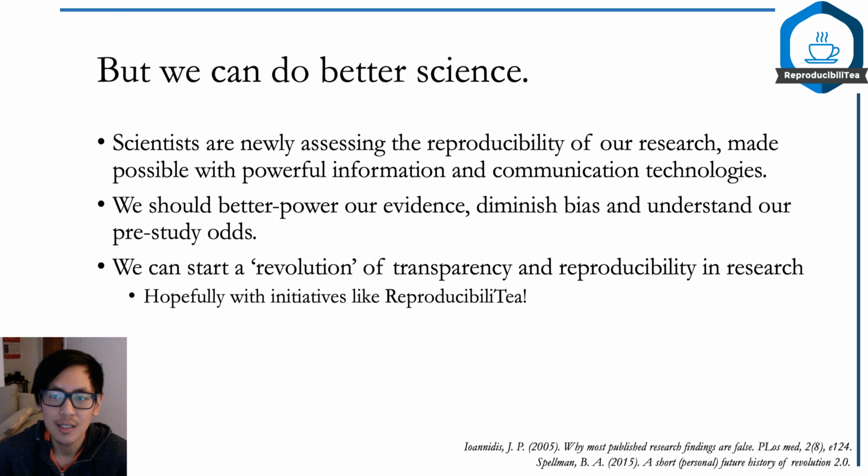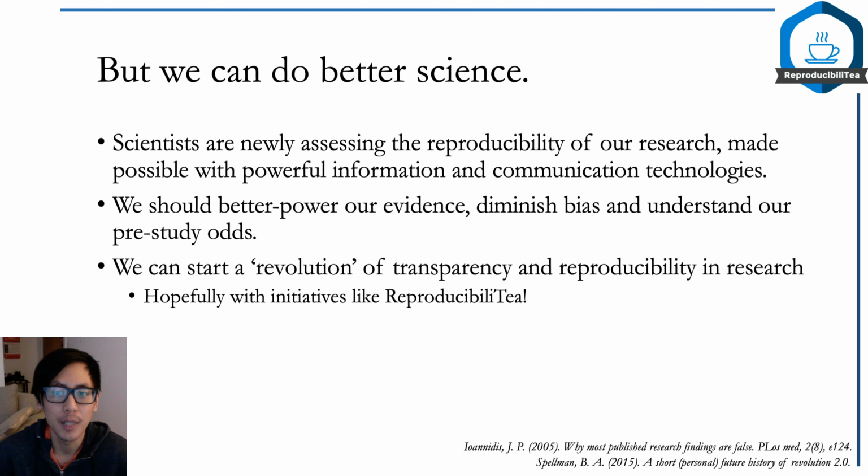So scientists are newly assessing the reproducibility of our research, right? This is made possible with powerful information and communication technologies. We're able to send and share data for the first time and look at certain values and certain aspects of our research.